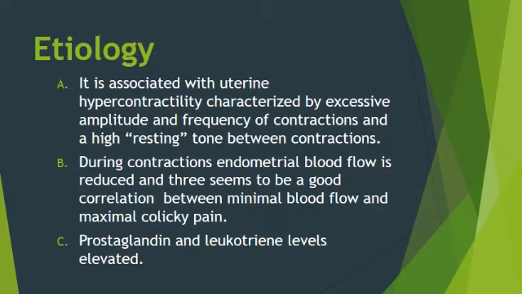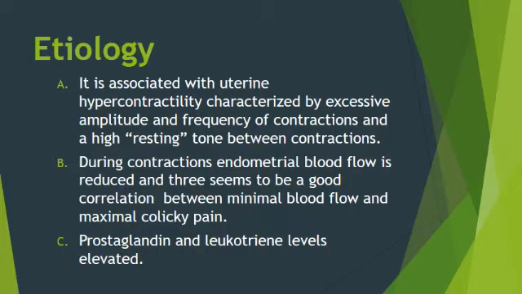Etiology: it is associated with uterine hypercontractibility characterized by excessive amplitude and frequency of contractions and a high resting tone in between the contractions. During contractions, endometrial blood flow is reduced due to the 8-figure shape of the myometrial muscles.